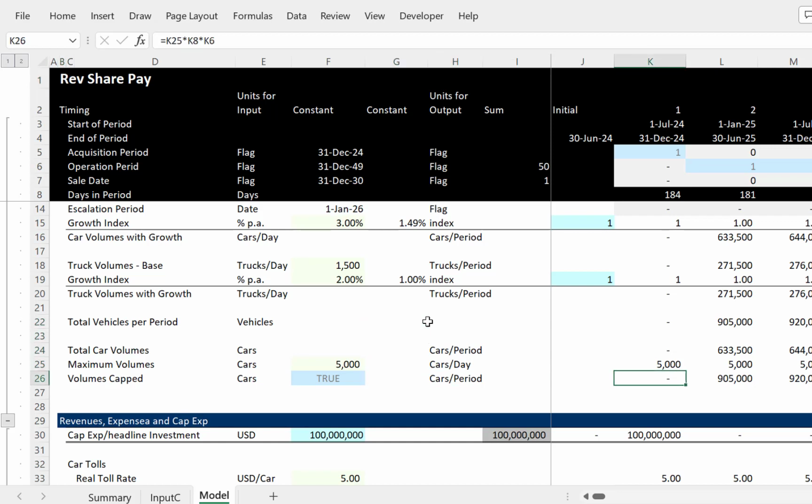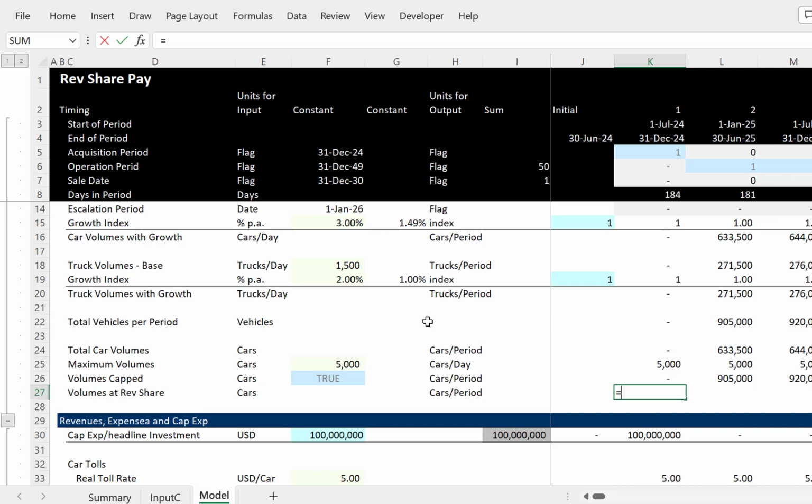All right, and so we've got the volumes that are capped, and those are larger than the actual volumes, and the volumes at revenue share rate. That's going to be cars per period.